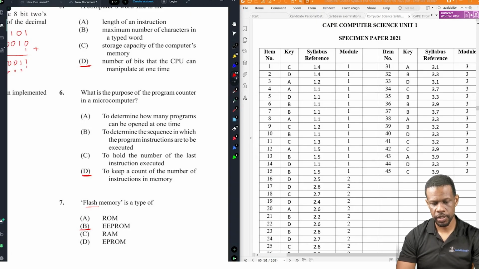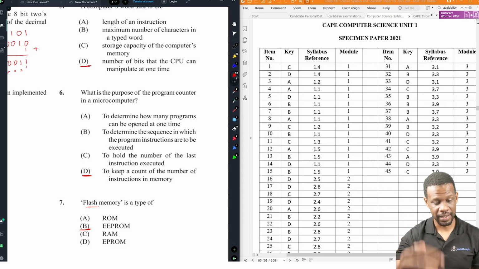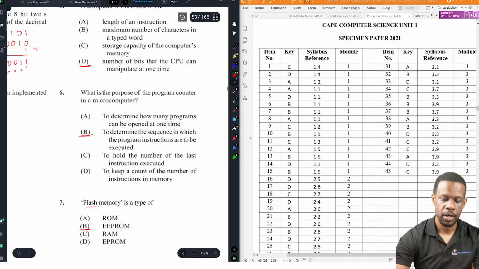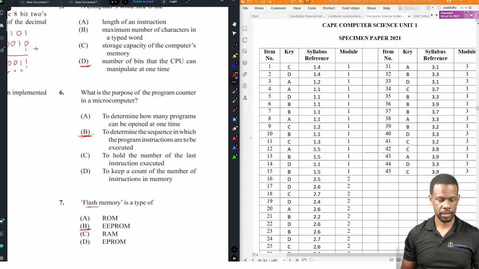To determine the sequence in which the program instructions are to be executed. That is a weird way to say to keep track of the next instruction in memory, but yeah, alright, I'll change that. 6 would be B. But the actual definition of the program counter is it keeps track of the next instruction to be executed.